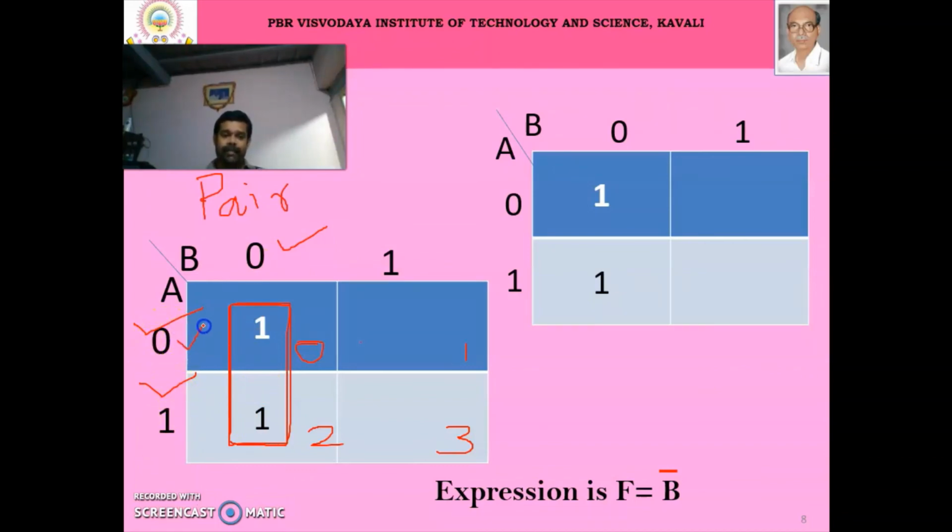Here it is 0 and here it is 1. Since the value of A is changing, no need to consider the variable A. But in the column, we have only one variable, that is 0, and the variable is B. So you have to write B bar. This is the expression if you have two ones like this.